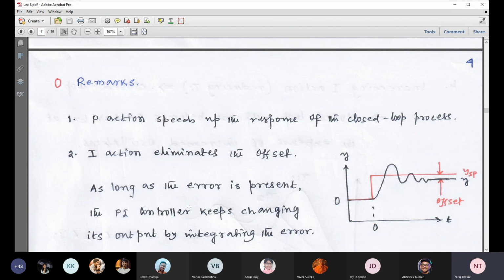Then one sentence is written there, you see: as long as the error is present, the PI controller keeps changing its output by integrating the error signal.